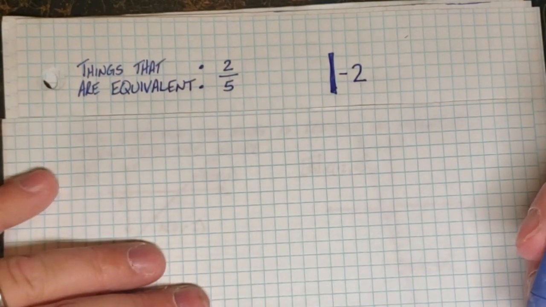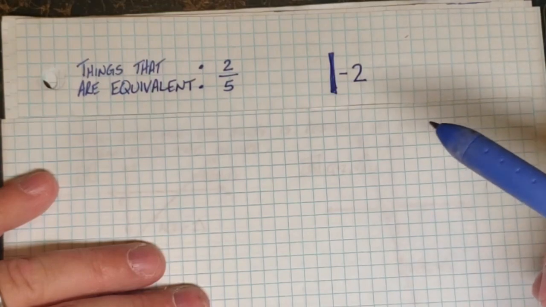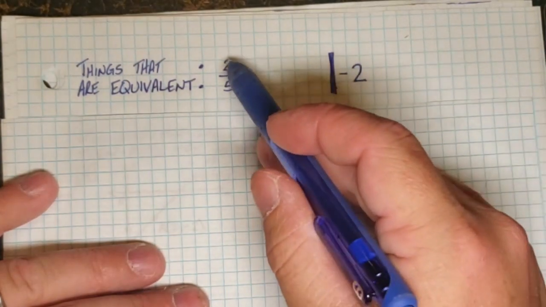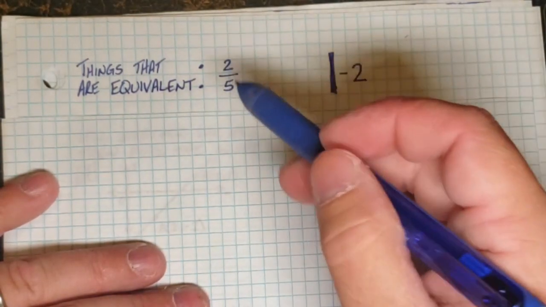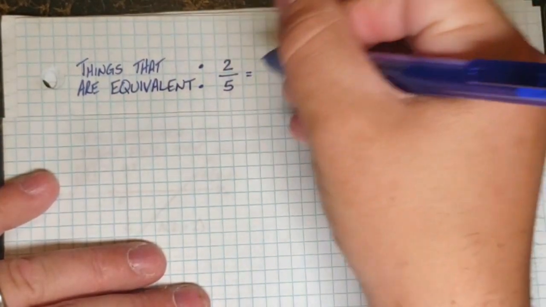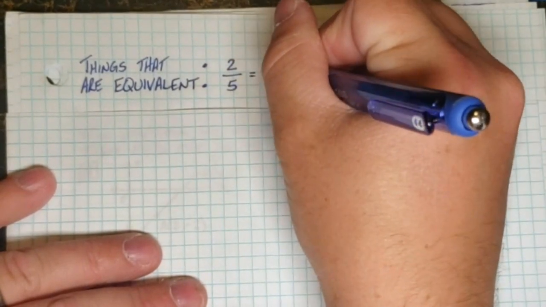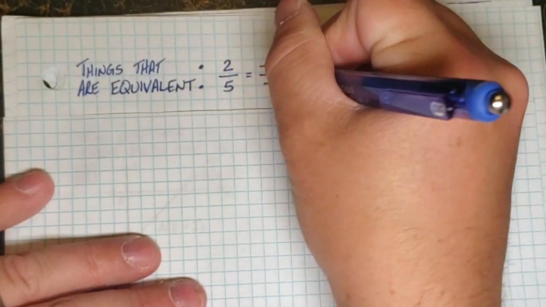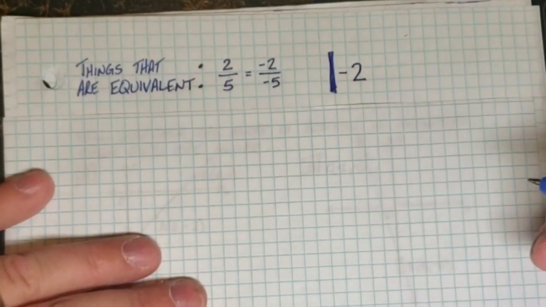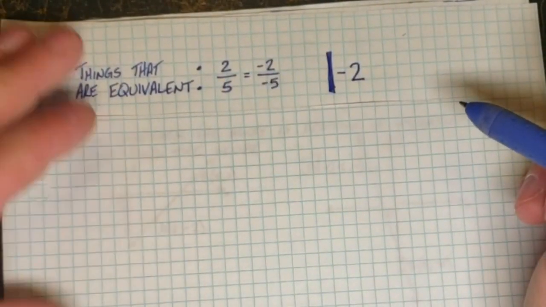I'm talking about, as far as positives and negatives go, what is equivalent to 2/5? Well, these are both positive, so when you divide, you get a positive number. Just like on the front of this sheet, if we have both of them as negative, a negative divided by a negative is also a positive. So these two things are equivalent.